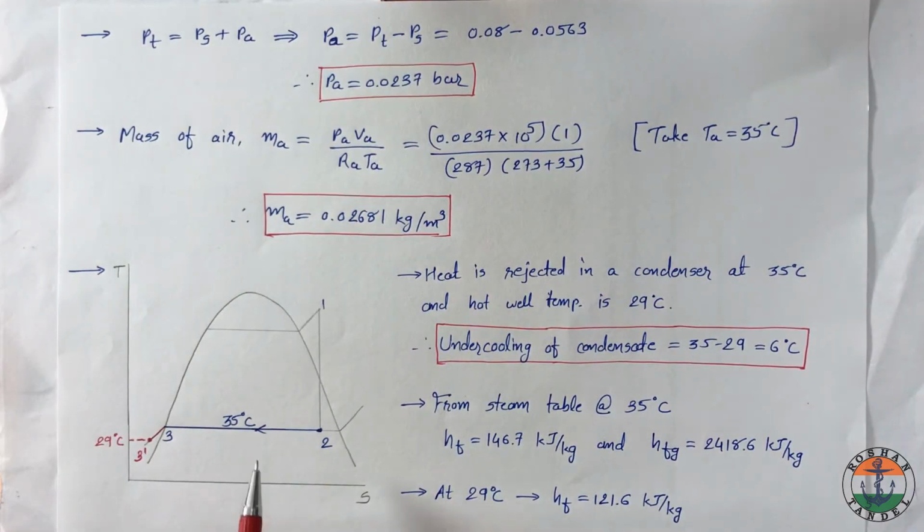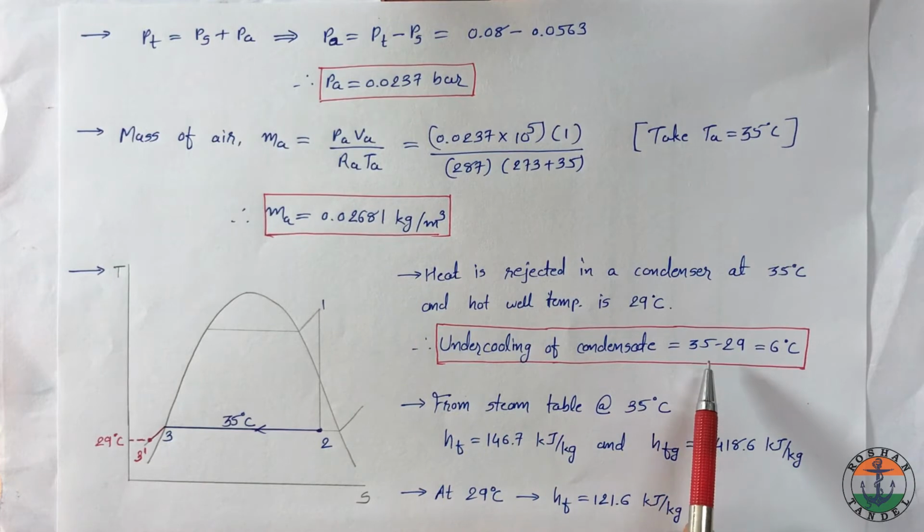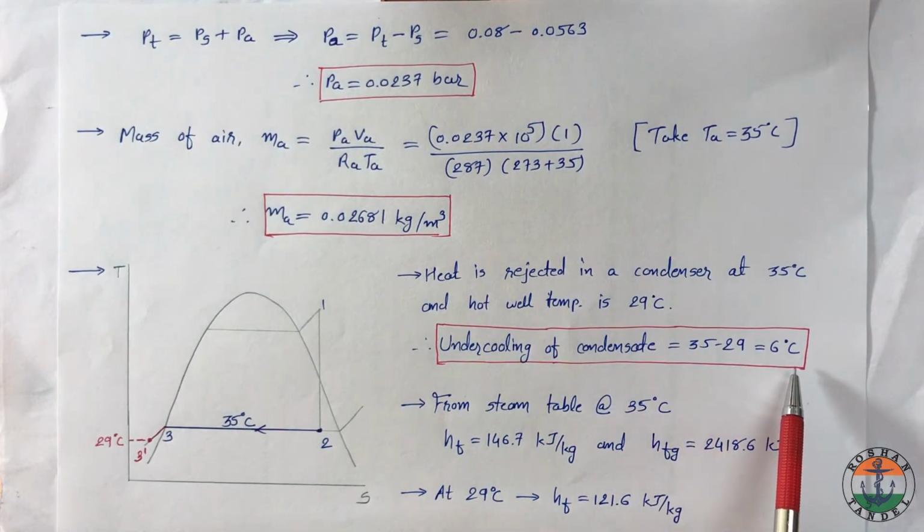Here, mean temperature of condensation is given 35 degrees Celsius, which is the saturation temperature, and hot well temperature is 29 degrees Celsius. It means undercooling takes place from 35 degrees Celsius to 29 degrees Celsius. Undercooling of condensate is equal to 35 minus 29 is equal to 6 degrees Celsius.